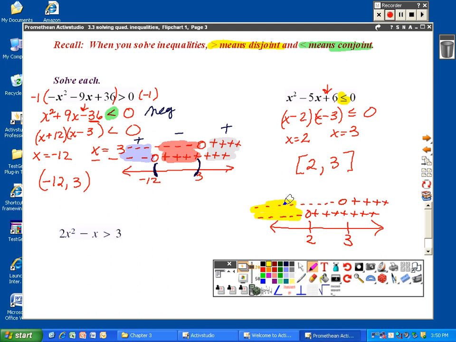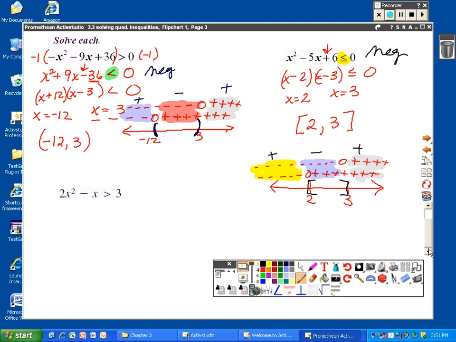Negative times negative gives me a positive. Positive times negative gives me a negative. And positive times positive gives me a positive. Less than means negative, so again, that occurred in between. Let's try the next one.